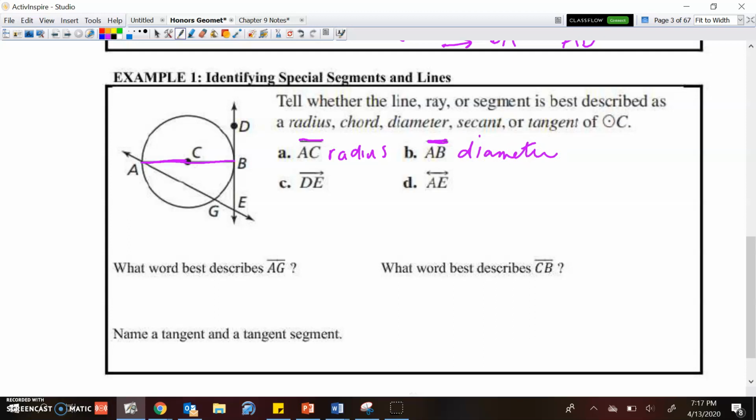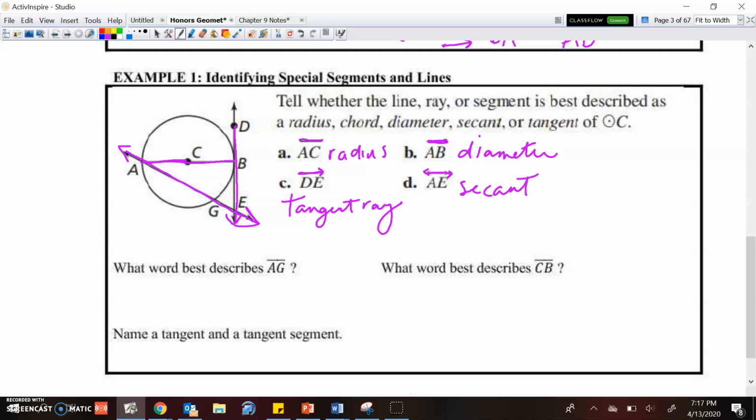Next we have ray DE. That's from here all the way down, so this is a tangent ray. And then we have line AE, which is right there, and this is going to be a secant.